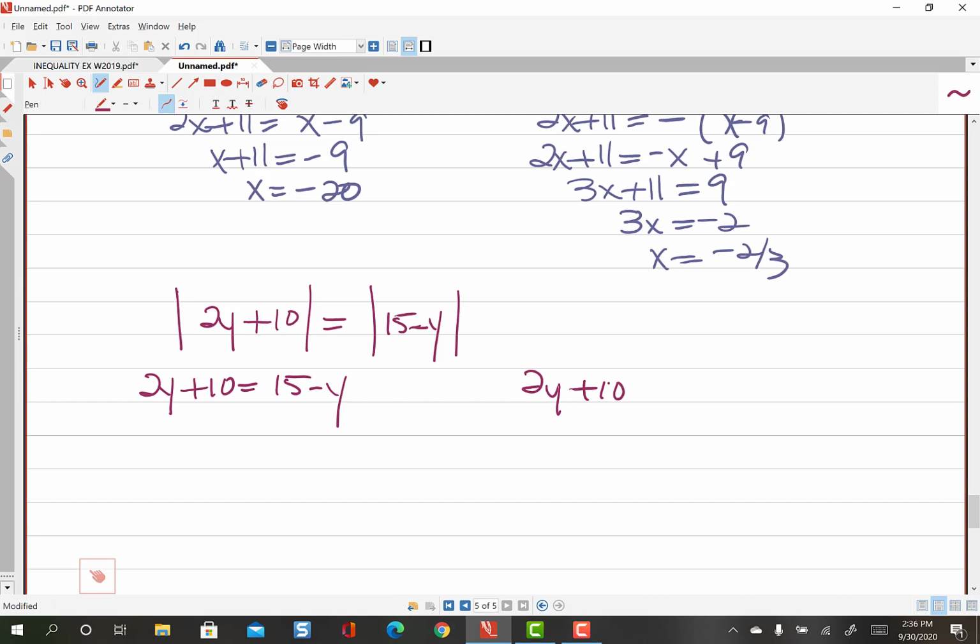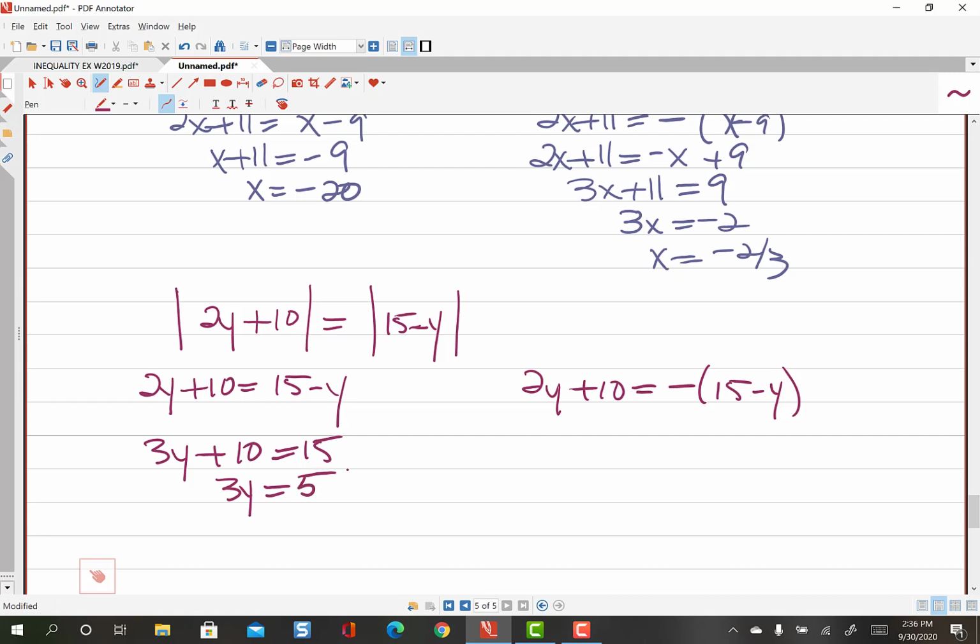Let's actually do something here. Let's say I add y to both sides. So I would have 3y plus 10 is equal to 15. Let's subtract the 10. That leaves me with 5, or y is equal to 5/3.